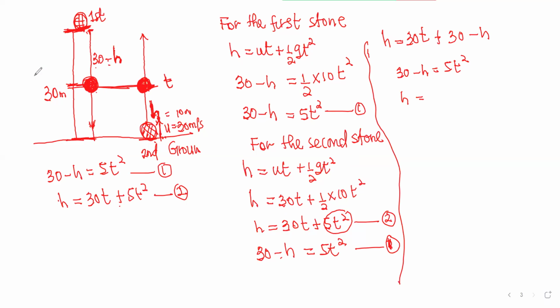No, the second stone is moving up, so it must be minus. This must be negative, not plus. And nobody also drew my attention. This must be minus because it's a vertically upward motion. The body will decelerate.